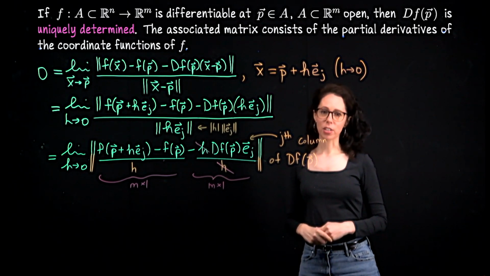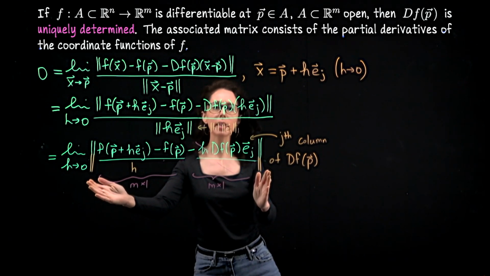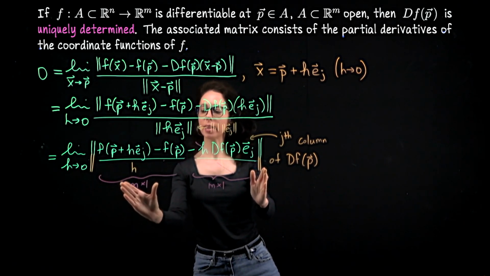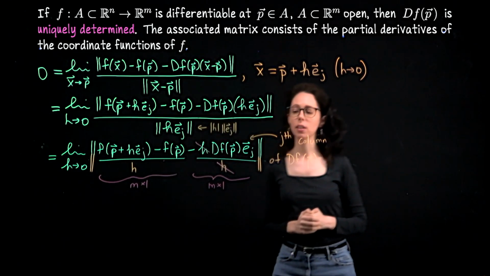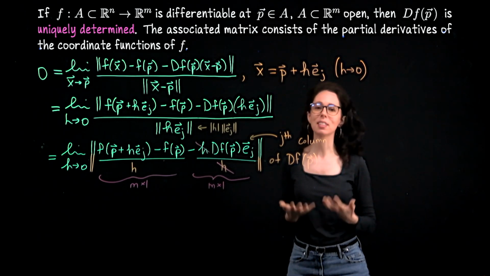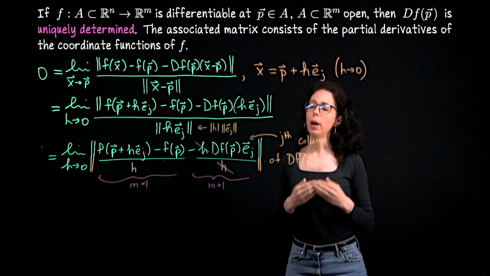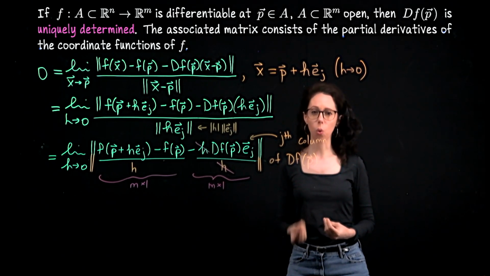So the next thing for us to recognize is that I have a vector norm going to 0. So as the scalar h approaches 0, I'm saying this vector gets really close to this one so that in the limit, what we are taking the norm of is 0, so that our vector norm is 0. But if the norm is going to 0, then that means that the individual coordinates are going to 0.